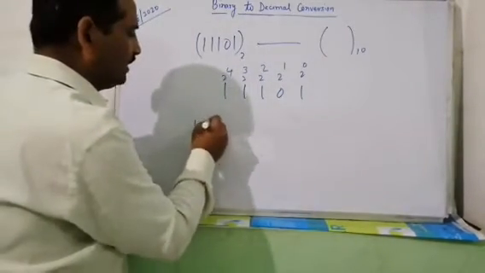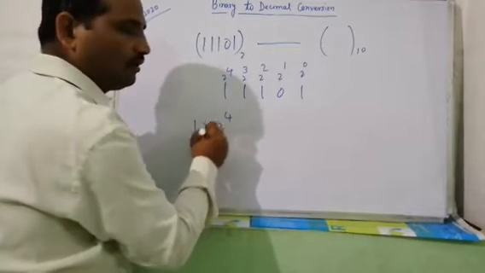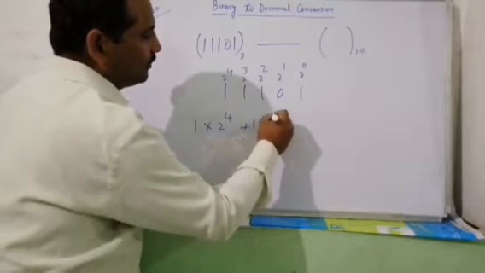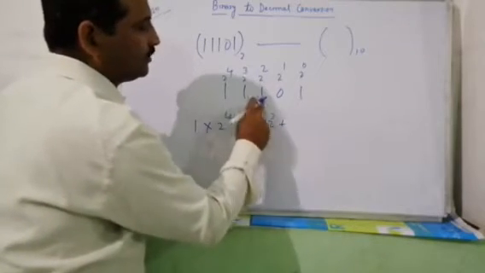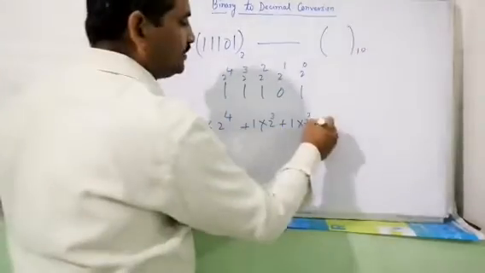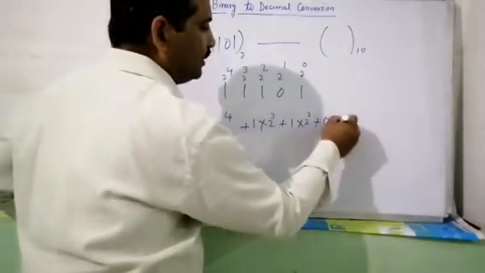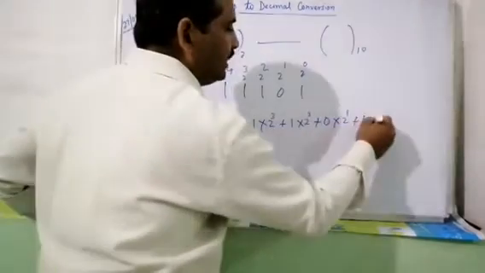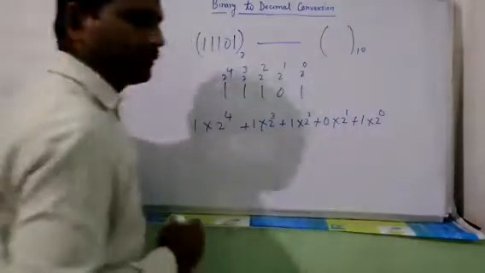Now 1 into 2 to the power 4 plus 1 into 2 to the power 3 plus 1 into 2 to the power 2 plus 0 into 2 to the power 1 plus 1 into 2 to the power 0.